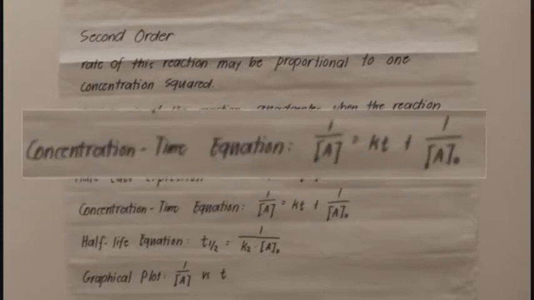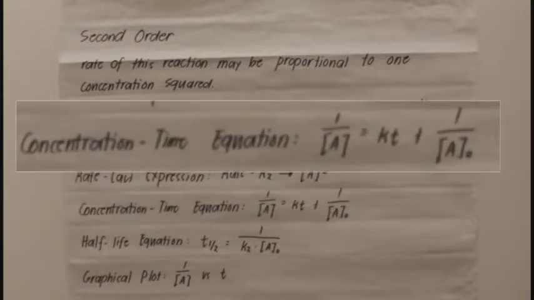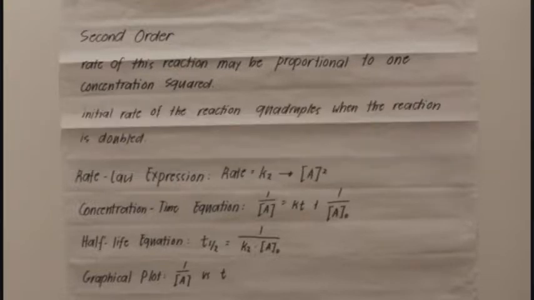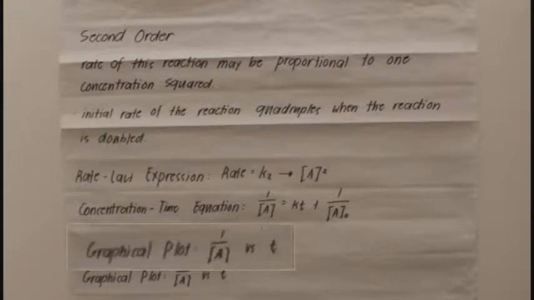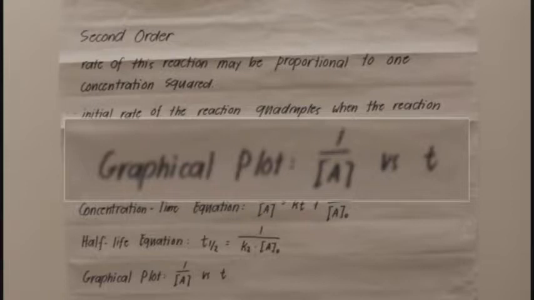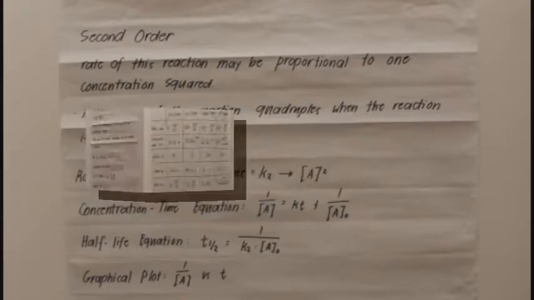The concentration-time equation is where 1 divided by the concentration is equal to the constant multiplied by time plus 1 divided by the initial concentration. The half-life equation is equal to 1 divided by the constant K sub 2 multiplied by the initial concentration. And for the graphical plot, we can see that 1 divided by the concentration is plotted relative to time.